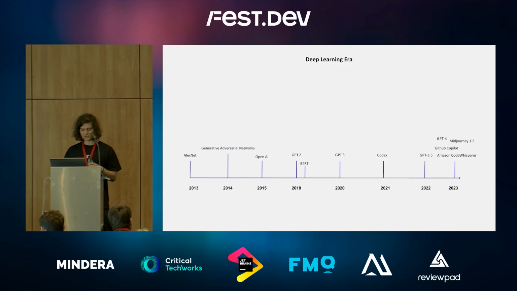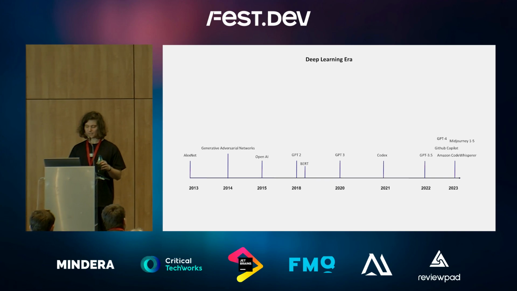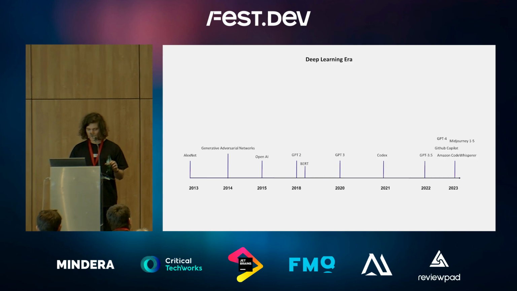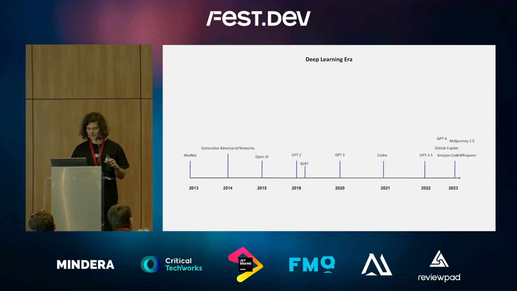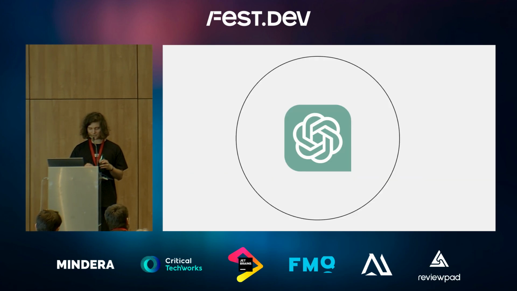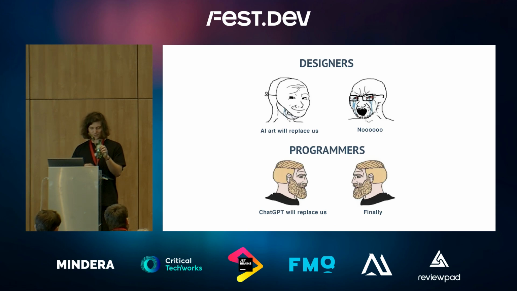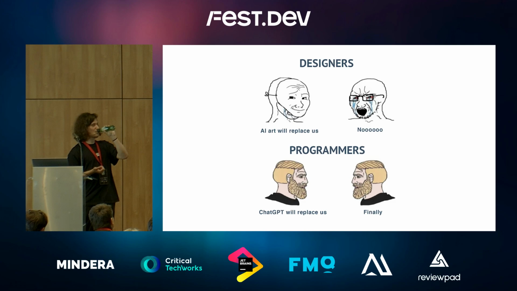GPT-2 and GPT-3 were released, then Codex based on it, and so on. I'm going to talk about it a bit later. So we're basically jumping into the new era of AI. And one of the most hyped things is ChatGPT. A lot of people think that ChatGPT will replace us and steal our work. I'm super happy about this.